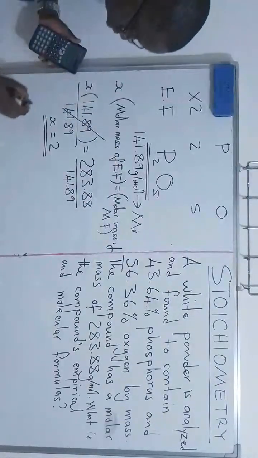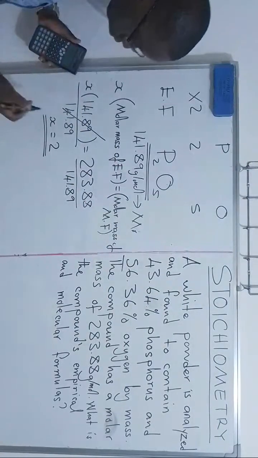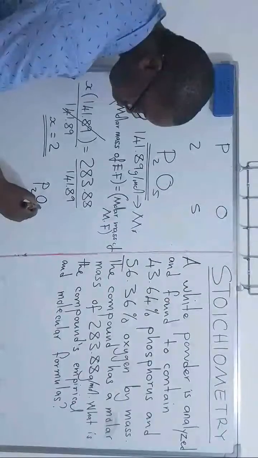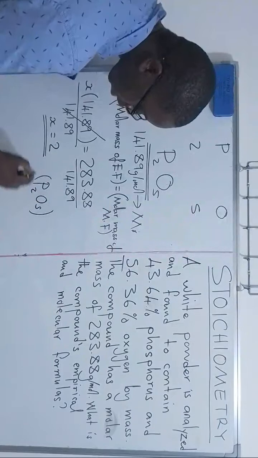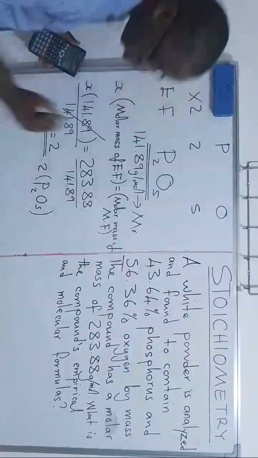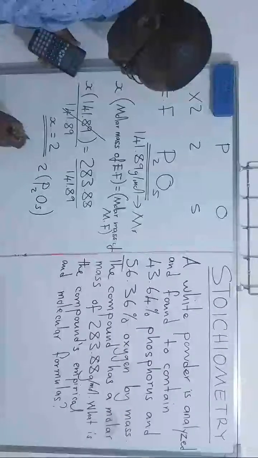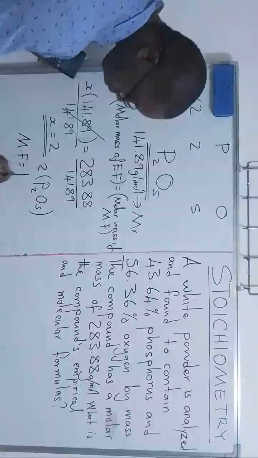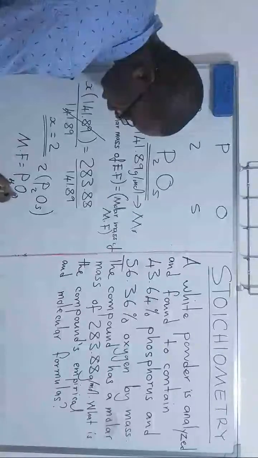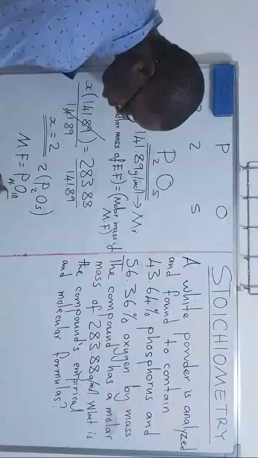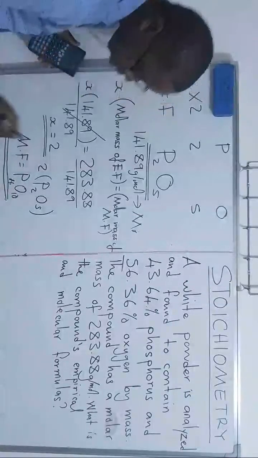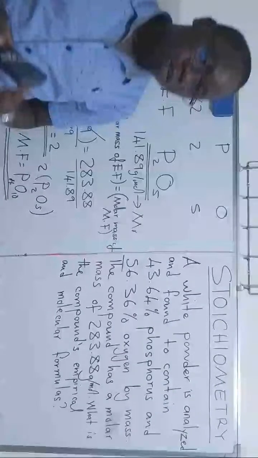So this simply means the empirical formula that we have is P2O5, and it should be multiplied by 2 to get the molecular formula. So the molecular formula will be P4O10. So this becomes the molecular formula when you have been given this question.